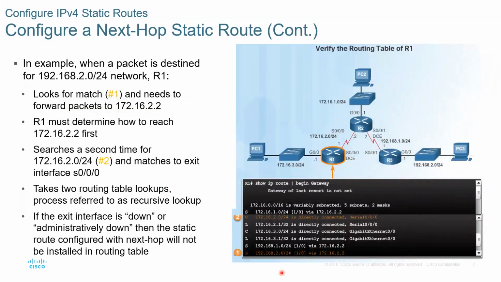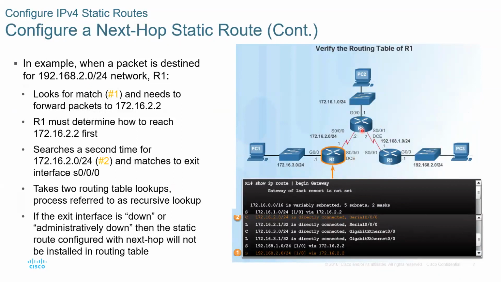Configure next hop address, static route continued. In this example, we're trying to reach the remote network of 192.168.2.0 from R1. The first lookup will be the network address of 192.168.2.0, going out the next hop address 172.16.2.2.